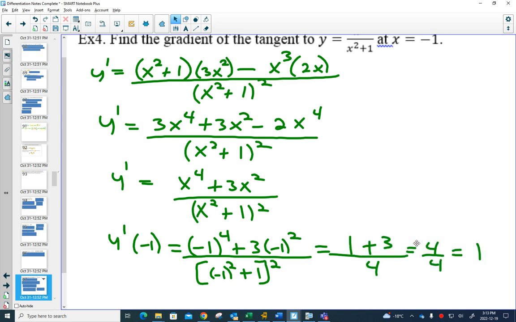And you get a slope of 1. X to the 4. Anyways, very cool.